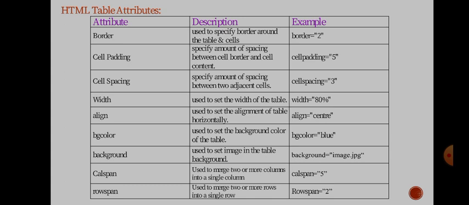And the next two, colspan and rowspan, are very important attributes. Using the colspan to merge two or more columns into a single column. Here the example is colspan is equal to 5 and the rowspan is used to merge two or more rows into a single row. Rowspan is equal to 2.